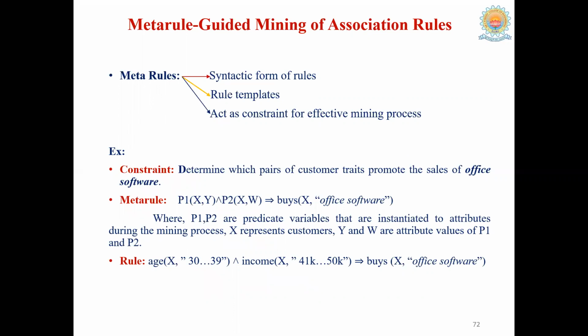Coming to meta rules: meta rules are the syntactic form of rules, also called rule templates, and act as constraints for an effective mining process. So what is this meta rule? Let's go with an example. Briefly, the meta rule is just like a blueprint or template, and based on that meta rule, you can form the actual rules. Here is an example of the constraint, the meta rule, and the rule which can be generated from the meta rule.